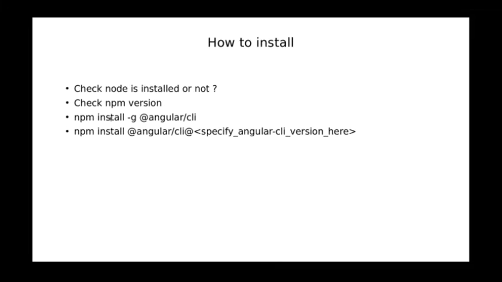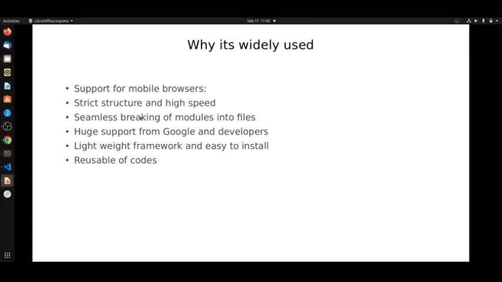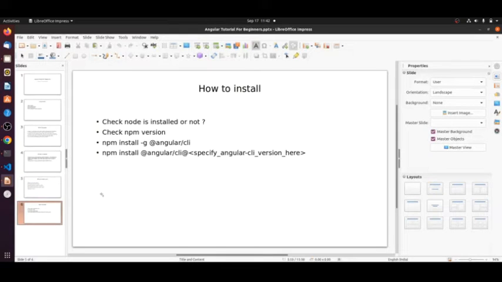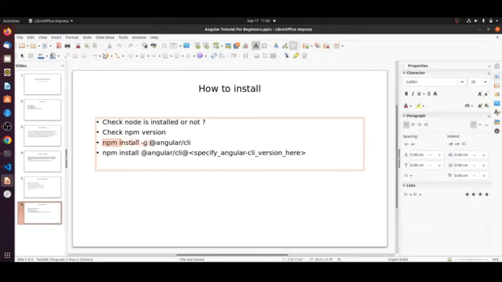You will type only this much command. It will install the latest version of Angular inside your system as per your node version, because it's completely dependent on your node version.